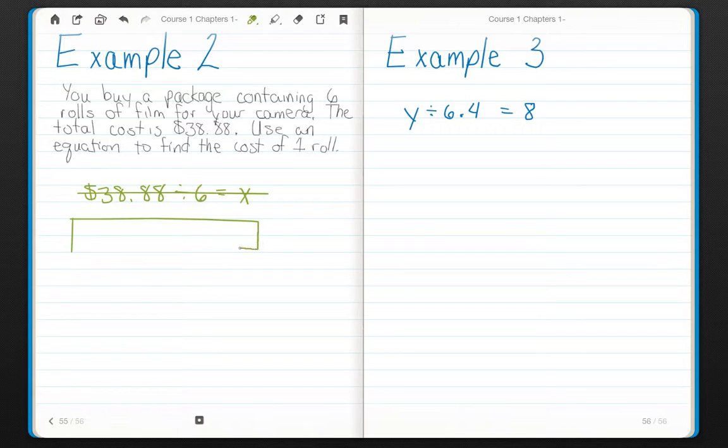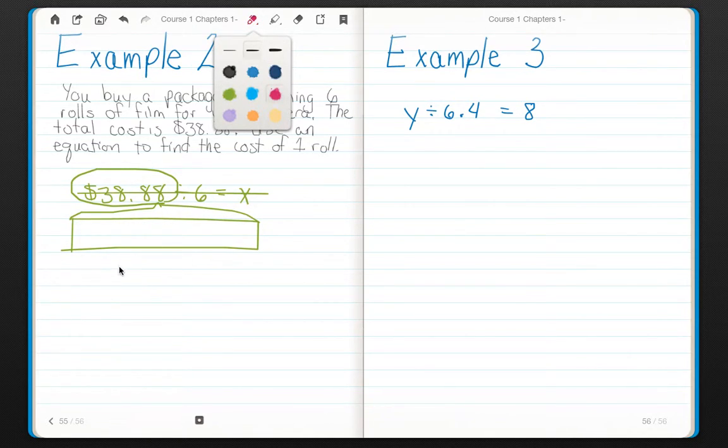This is going to be an equal parts bar model. The whole thing is $38.88. Okay, there's my whole. I'm dividing it into 6 equal parts.